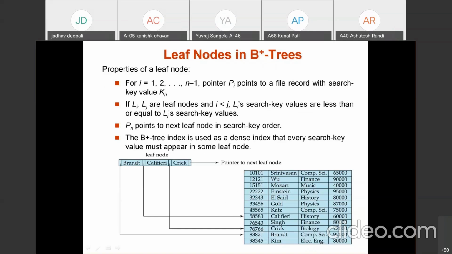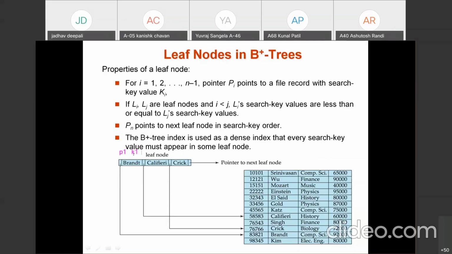Suppose this is pointer P1, then this is search key K1.